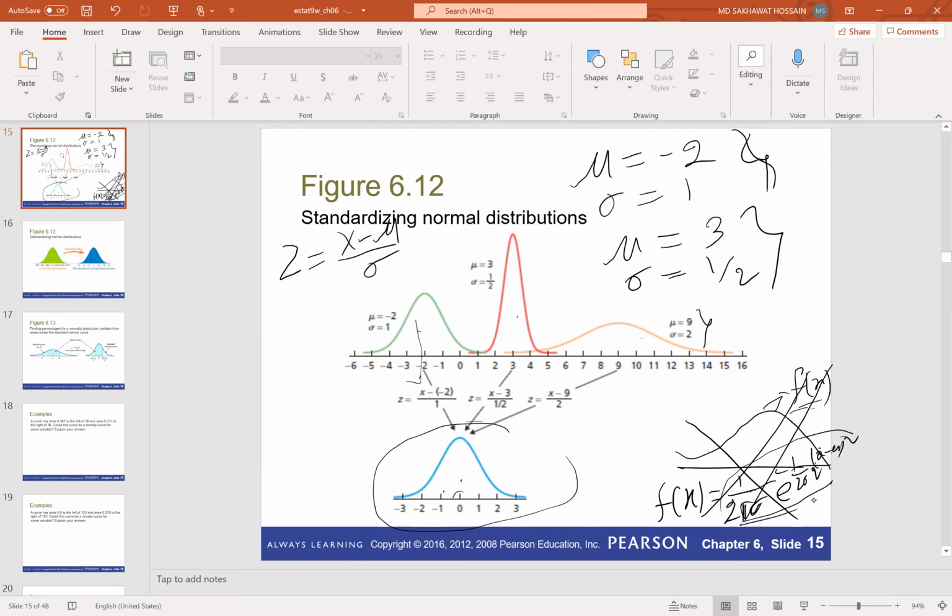The mean will become 0 after standardization. Similarly, if you standardize this one, the mean becomes 0, and for this one, the mean was previously 9, now it will also become 0. So we had 3 different normal distributions. Now after standardizing, they become just a single normal distribution, and you can use the table to find or calculate the probability, and then our life will be easier.